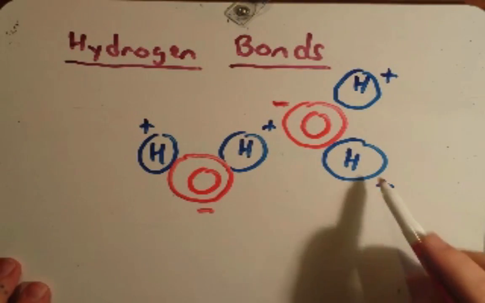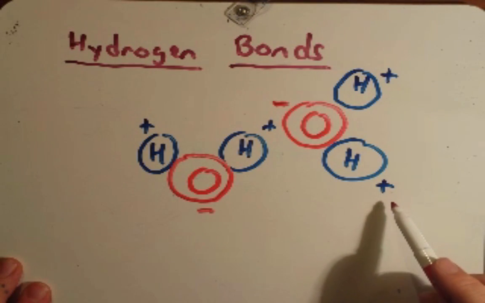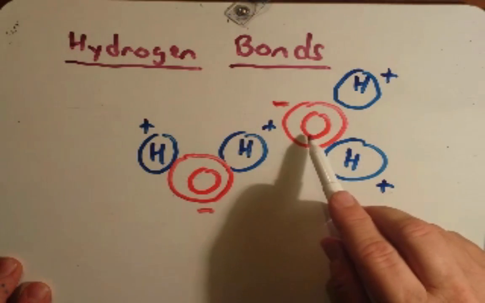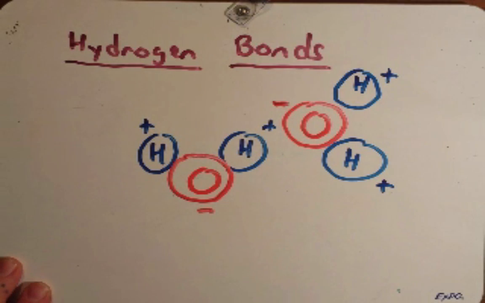And I'm not going to draw it, but now this hydrogen can interact with the partial negative oxygen of the adjacent water molecule. This hydrogen can interact with the partially negative atom of another water molecule. And this one, oxygen, can interact with another hydrogen of a water molecule.